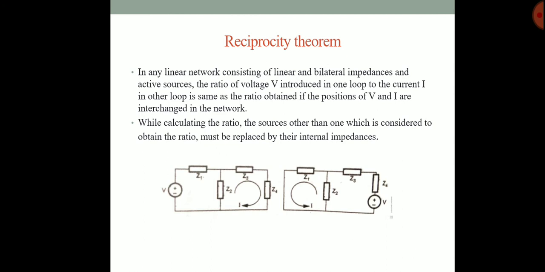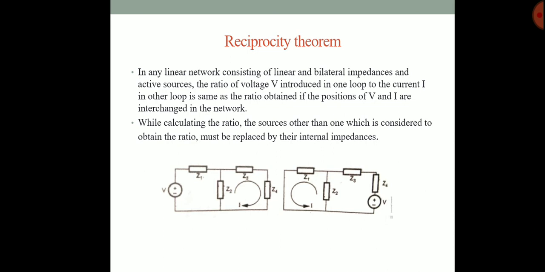The voltage is introduced in loop 1 while the current is in loop 2. The ratio of the voltage and current is V divided by I. The reciprocity theorem states that the ratio of V divided by I is the same if the positions of V and I are interchanged in the network.